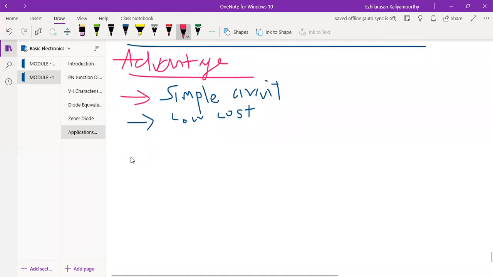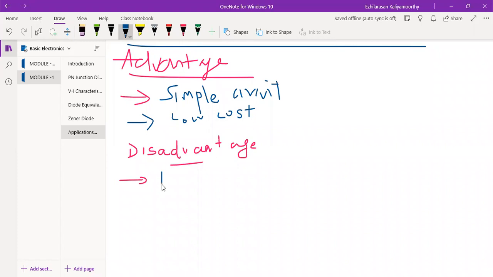Next, the disadvantages. What disadvantages do we have? First, low rectifier efficiency.